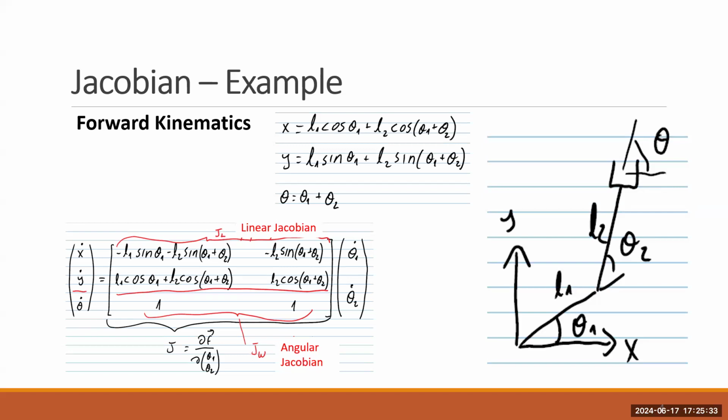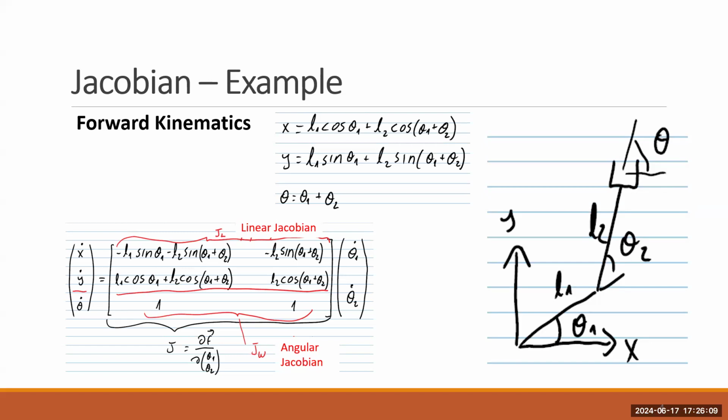You can see x dot is the derivative of L1 cosine theta 1. The derivative is minus L1 sine theta 1 times theta 1 dot. And the derivative of L2 cosine of theta 1 plus theta 2 is minus L2 sine of theta 1 plus theta 2. This is the derivative with respect to theta 1, so we multiply it by theta 1 dot.